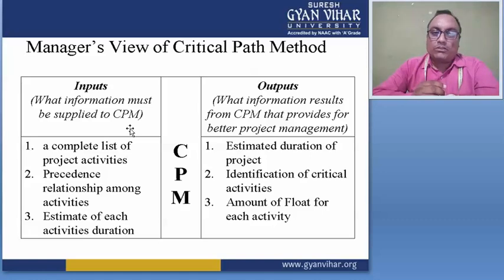And for the output, what information will you get as a result from CPM, which provides better project management? For this, there are three key points in this case. First is the estimated duration of the project, identification of critical activities, and the amount of float for each activity.